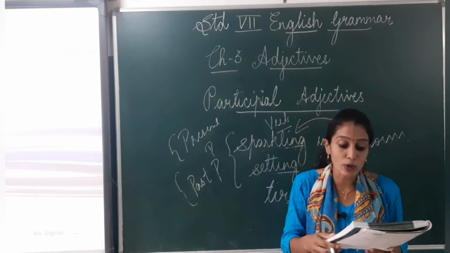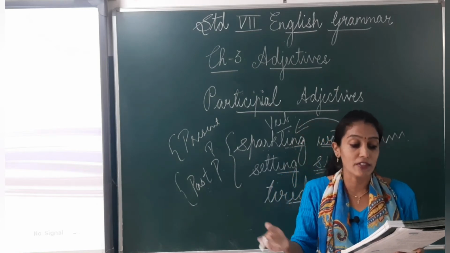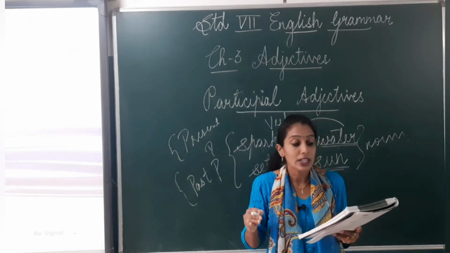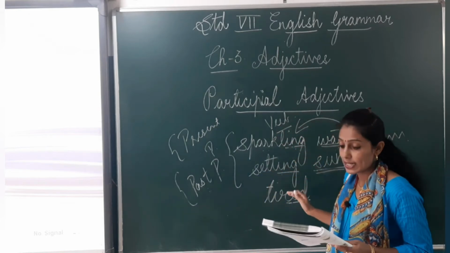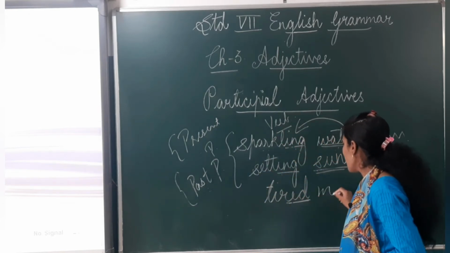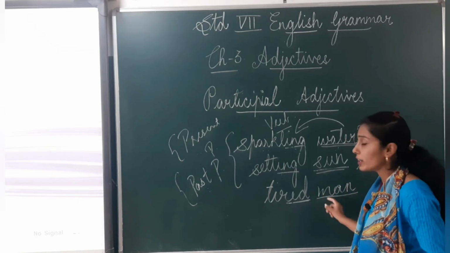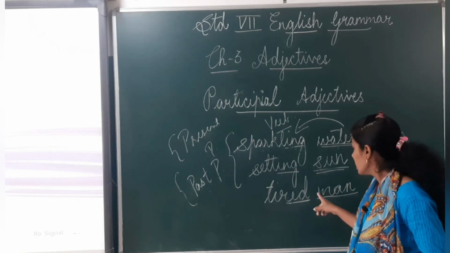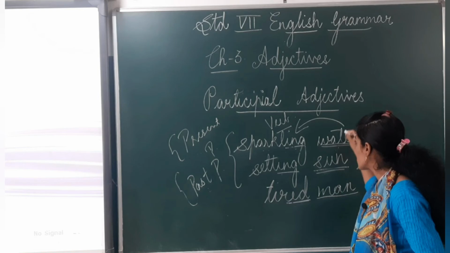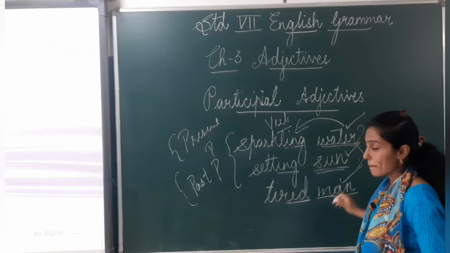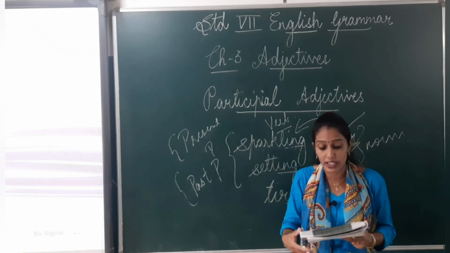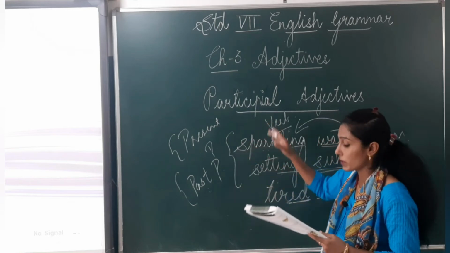So participles are used in this way, in front of the noun. They describe water, sun. And here, of whom was it? The tired man. What kind of man was he? Tired man. So these three nouns, water, sun, man, are being qualified, and that is called participial adjective.